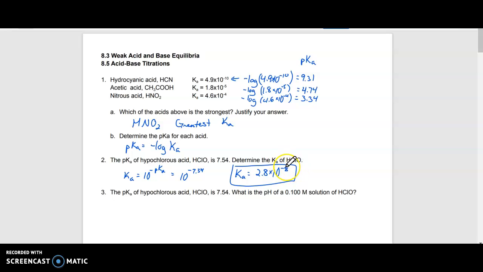If you're ending up with times 10 to the negative 7th, something that you want to watch on your calculator is how you enter that in. This is really 1 times 10 to the negative pKa. So if you want to type in 1 times 10, that is okay.